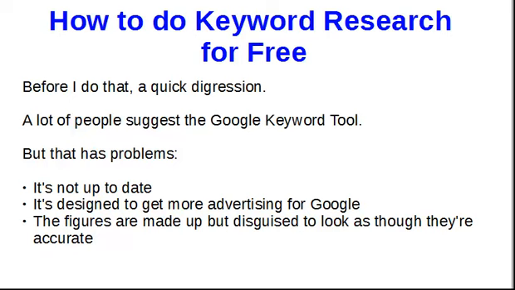They want more people to advertise, and that actually means a couple of things. It means that the low volume keywords, which are the only way to get ranked quickly nowadays unless you're a stupidly big site, just don't show because they don't make any revenue for Google. And the other thing is the figures are made up, but they're disguised to look as though they're accurate, and we tend to believe any kind of figure that a computer gives us.